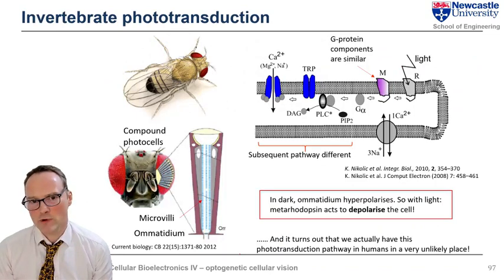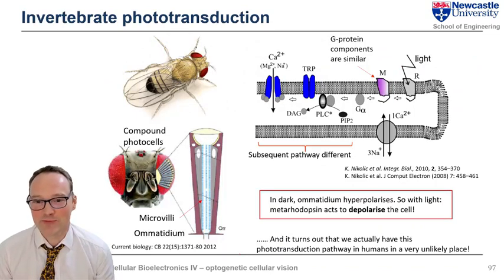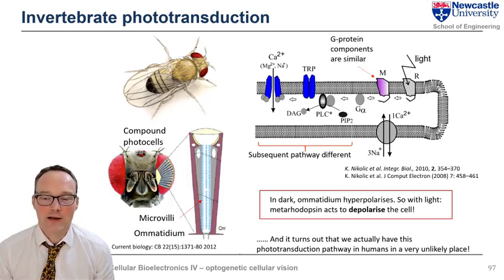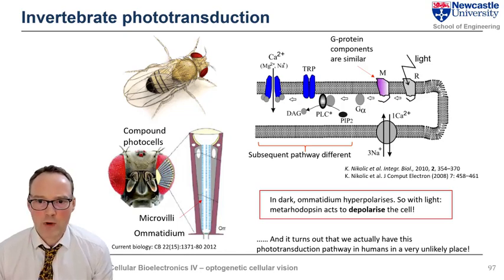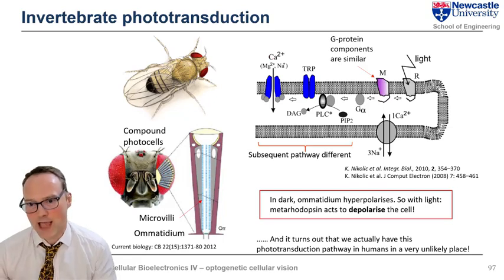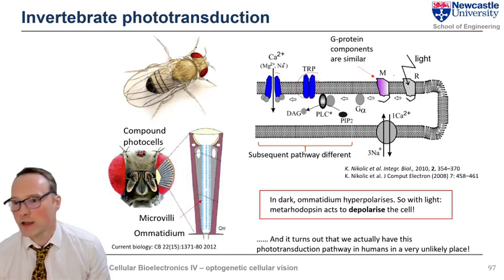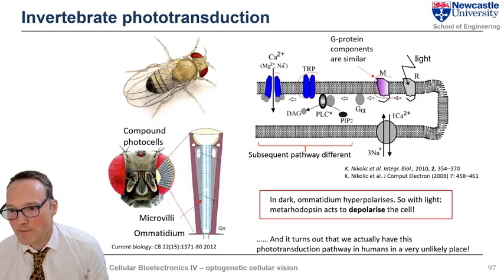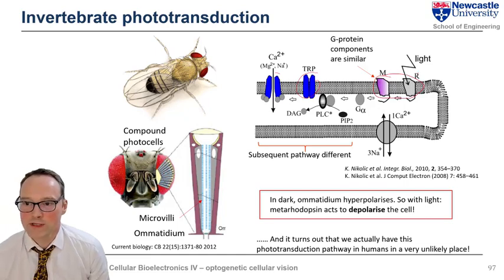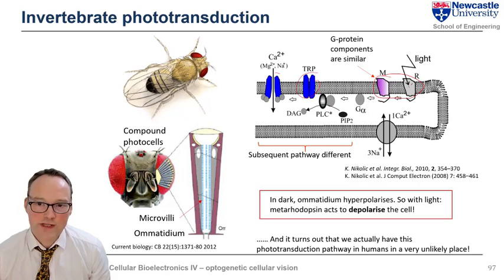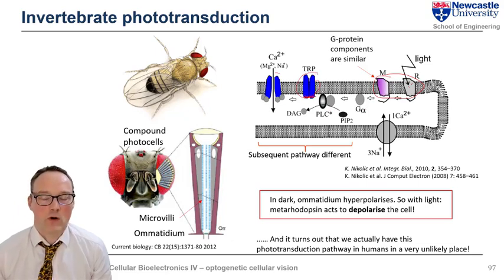Invertebrates have a somewhat more sensible approach, and in their case it's kind of the opposite. They have another G protein type cascade. So if this is your activated rhodopsin protein, your rhodopsin, metarhodopsin, it causes the opening of what are called TRP channels.